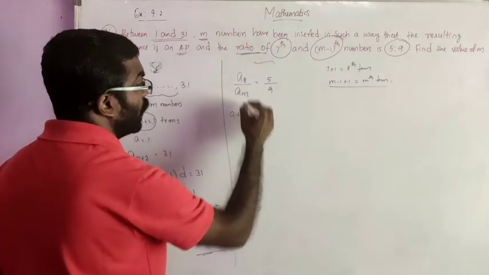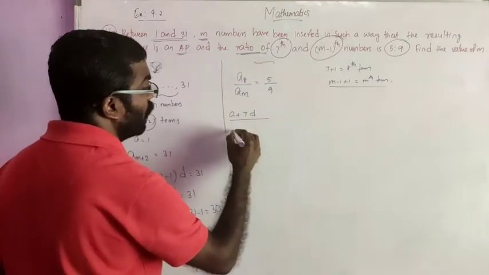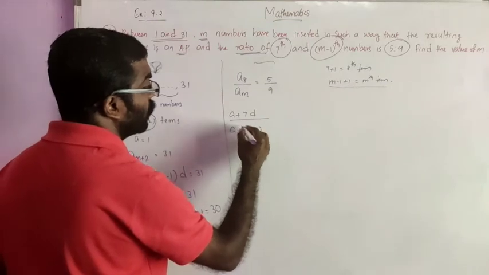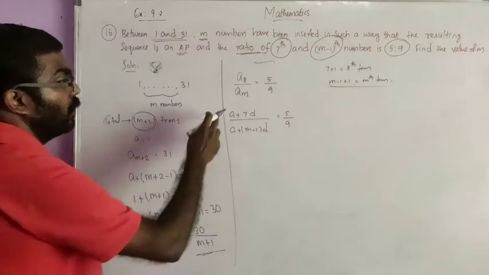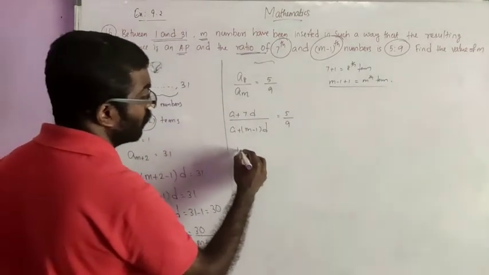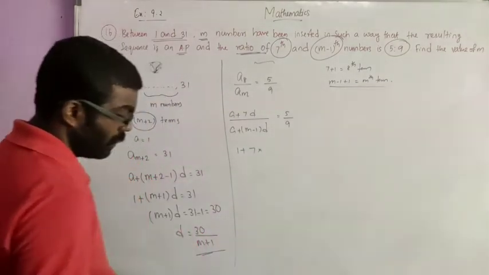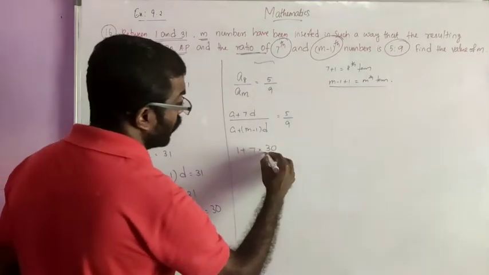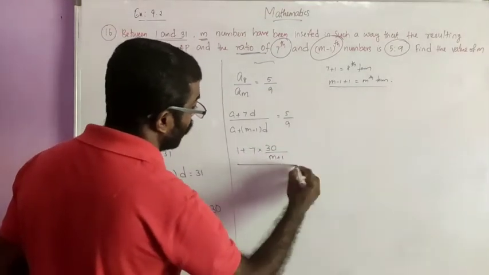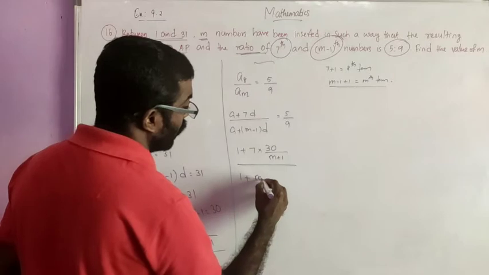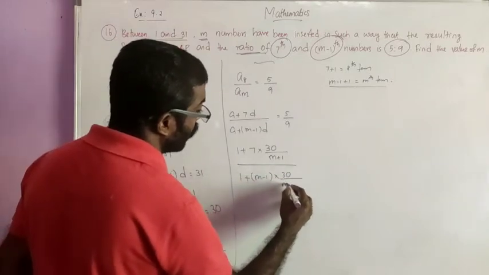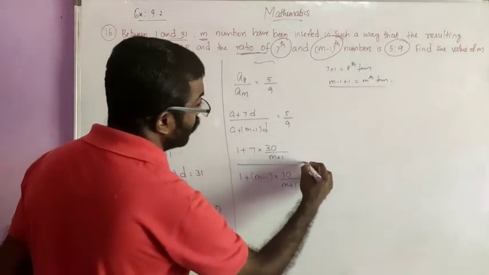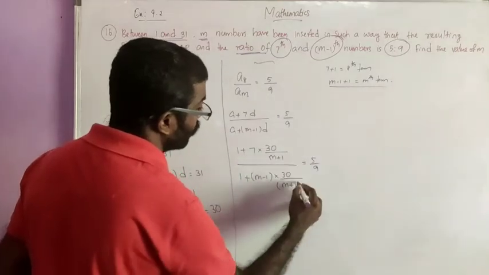a plus 8 minus 1, that is 7d, divided by a plus m minus 1 into d is equal to 5/9. The value of a, the first term, is 1. So 1 plus 7 into d, which is 30 by m plus 1, divided by 1 plus m minus 1 into 30 divided by m plus 1, is equal to 5/9.